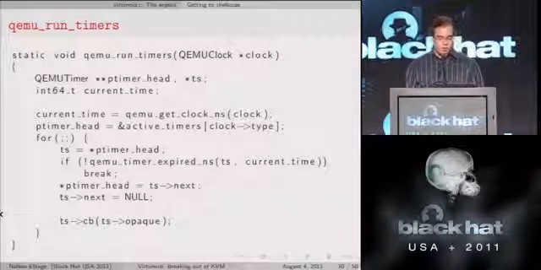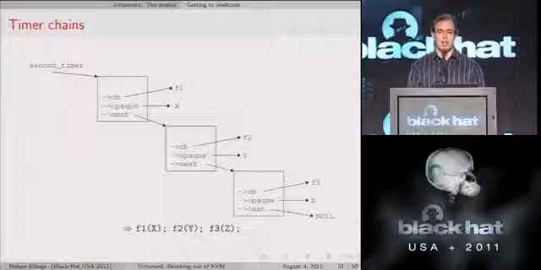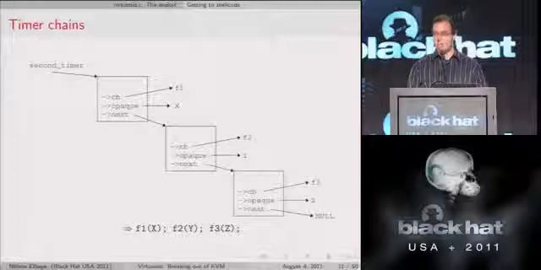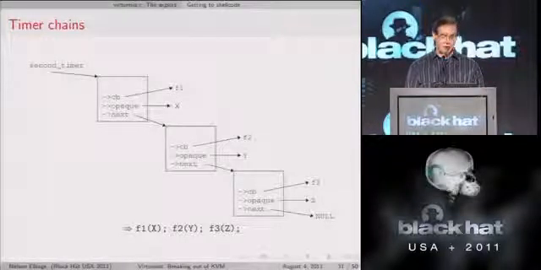So there's no reason to restrict ourselves to faking a single timer object. Remember that we can easily inject as many objects as we want into the host. So we just fake a whole chain of these. One timer points to the next, points to the next. We set their expiration time to 0 so that they're all going to be expired.